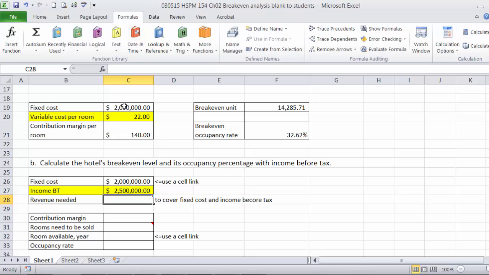Okay. So what's the revenue needed? Then we add this too, right? So what's your contribution margin? Let's say we stay the same. The room rate stays the same, still $140.